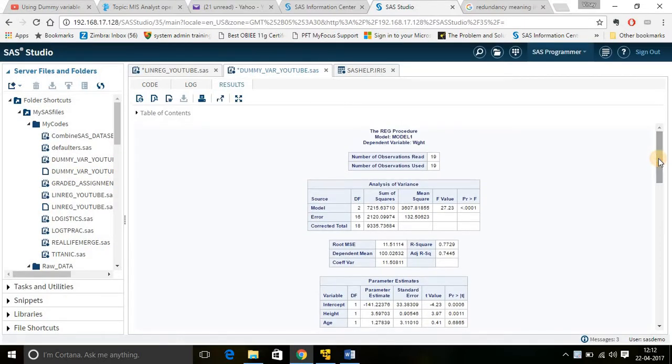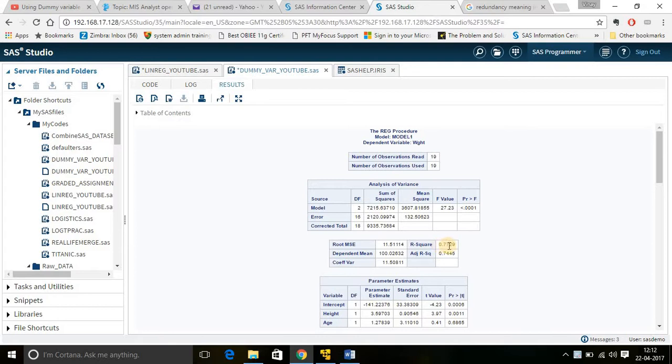Now these are the results. We have 19 variables. I will not go into detail in the results. The purpose of this video is to talk to you about dummy variables and how they are useful in linear regression. Anyways, this is a significant model.